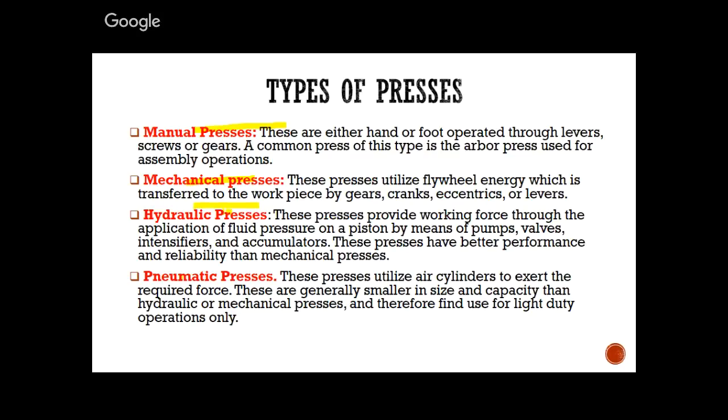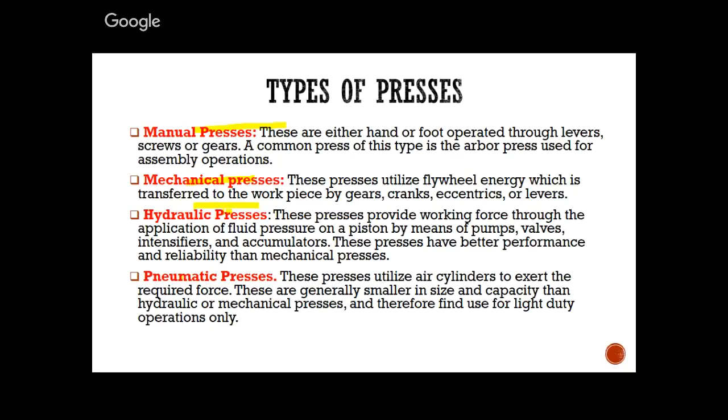It is generally suitable for light duty operations only, meaning small work operations. When the pressure requirement is very low, at that condition they use the pneumatic process mostly. So these are the major categories according to the power requirement: manual process, mechanical process, hydraulic process, and the pneumatic process.